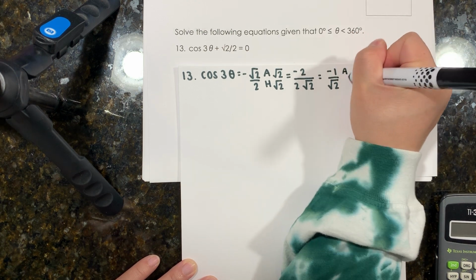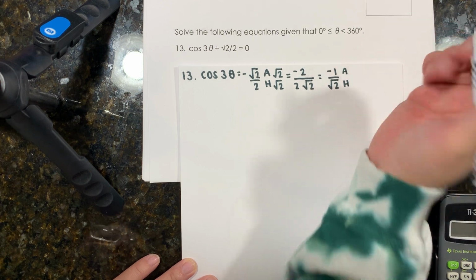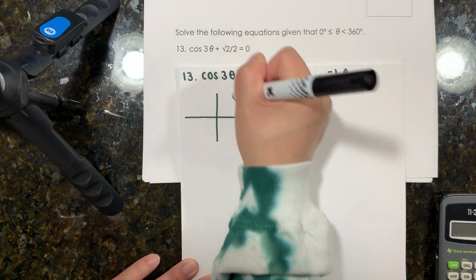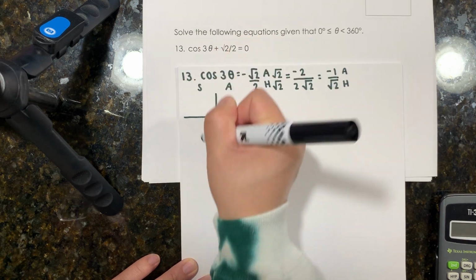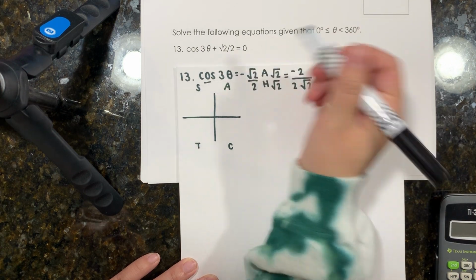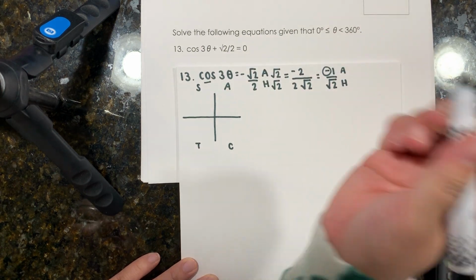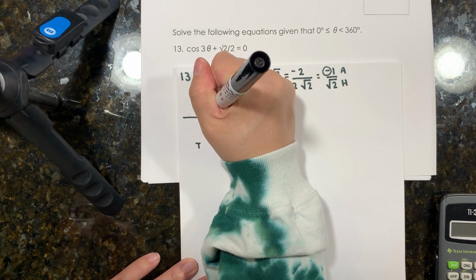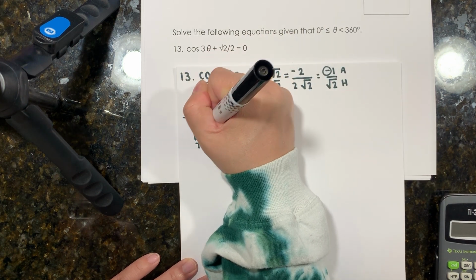And this, adjacent over hypotenuse, I do have a reference triangle for. So if I look at my chart, all students take calculus, I'm looking for where cosine equals a negative ratio, and cosine is positive in 1 and 4, so that means it's negative in 2 and 3.